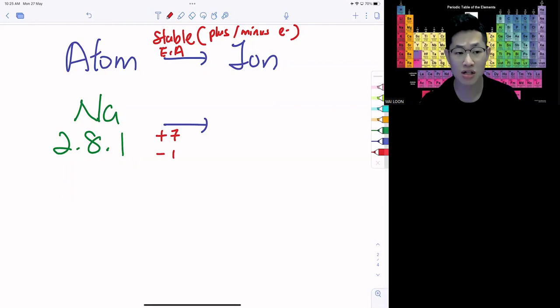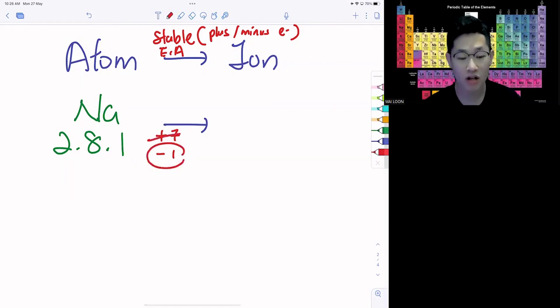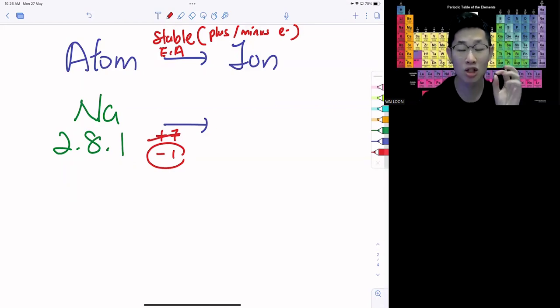So guys, you have to decide which one is the easier method to become stable. We plus 7 or we minus 1. Obviously, we go for the minus 1 and not the plus 7. You must use the fastest way to let it achieve stable electron arrangement. That's the rule. All right.